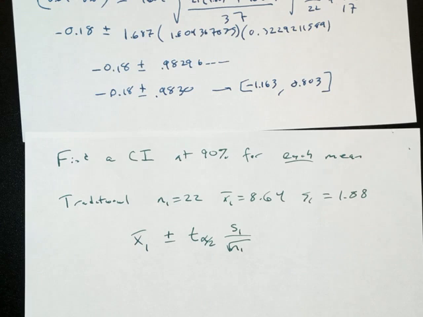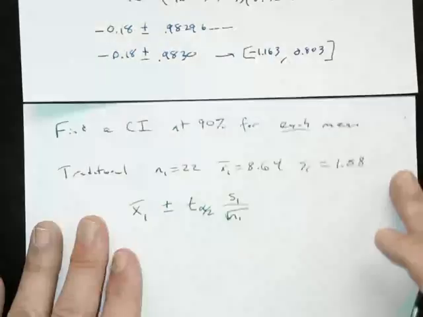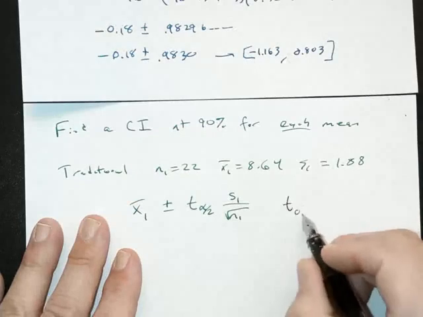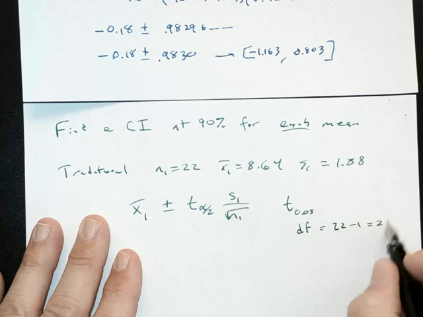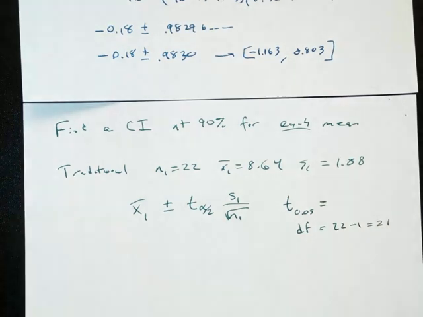But now, my t-value is different. Why is my t-value different? It's just one sample, so what's my degrees of freedom here? Right, there's only one group, so DF is 21. What's the t-value?